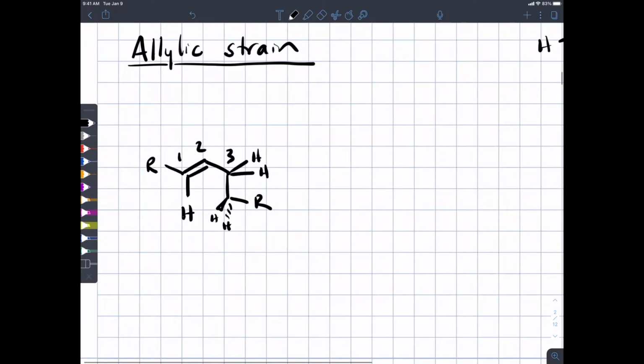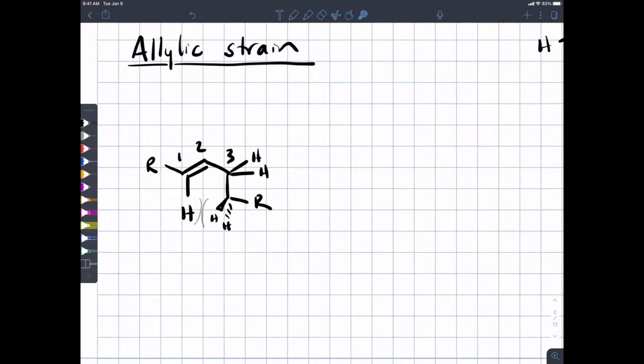You might imagine that that could have steric consequences as the proton, the vinyl proton from carbon 1 smashes into protons from the sp3 hybridized carbon that was attached to carbon 3.